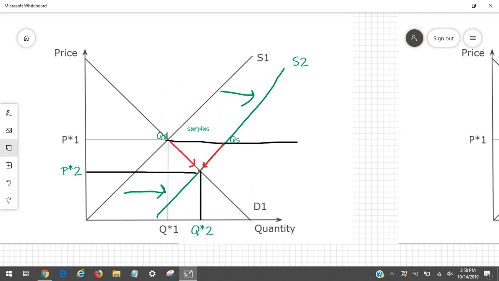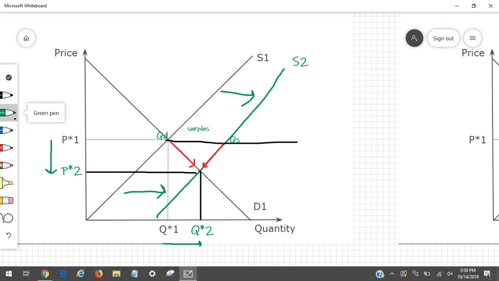Okay, so in the end, it looks like my price went from P1 down to P2. It dropped or decreased. And my quantity went from Q1 over to Q2, so my quantity increased. So my equilibrium price fell and my equilibrium quantity increased.